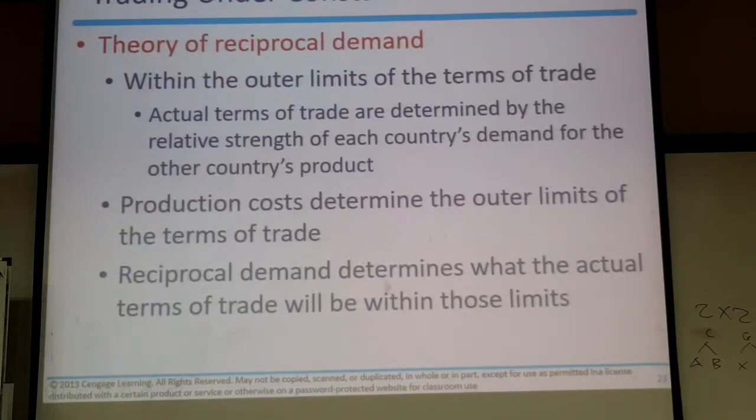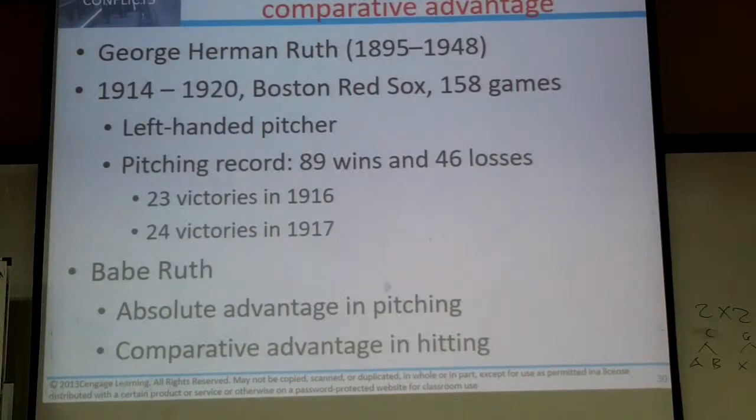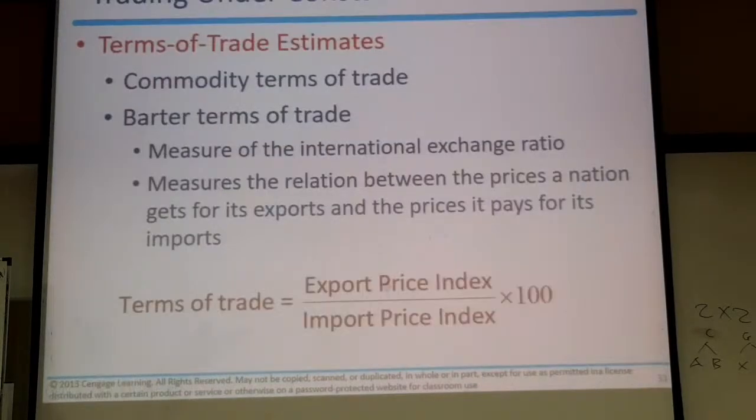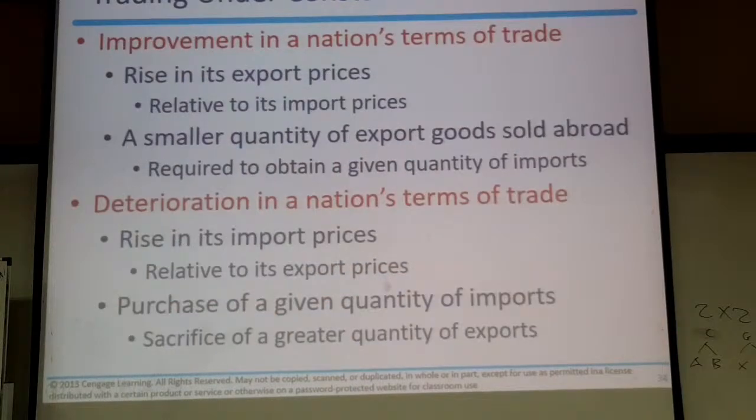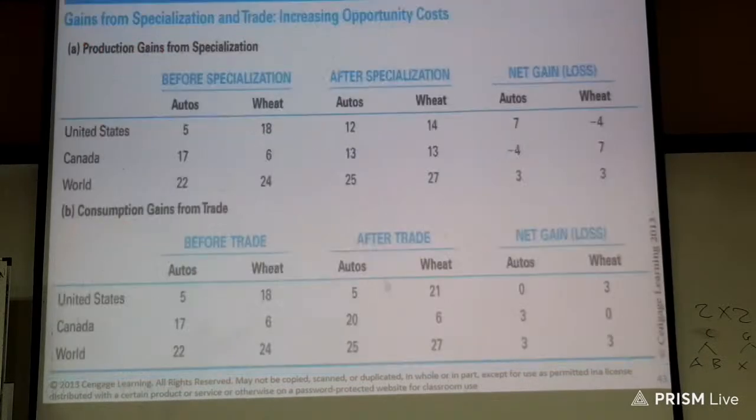So that's why we need reciprocal demand, and there's another course, I don't want to teach it. Another economist criticizes the Ricardian model because it is on the supply side only. We need both sides. So now, we don't want to get into that. No time. So let's get back to it.